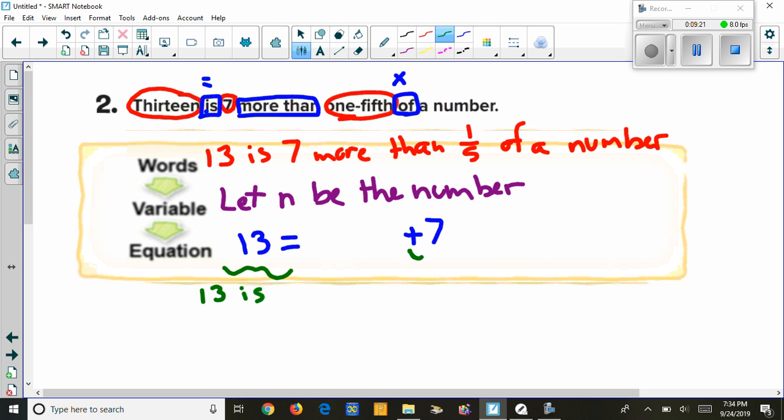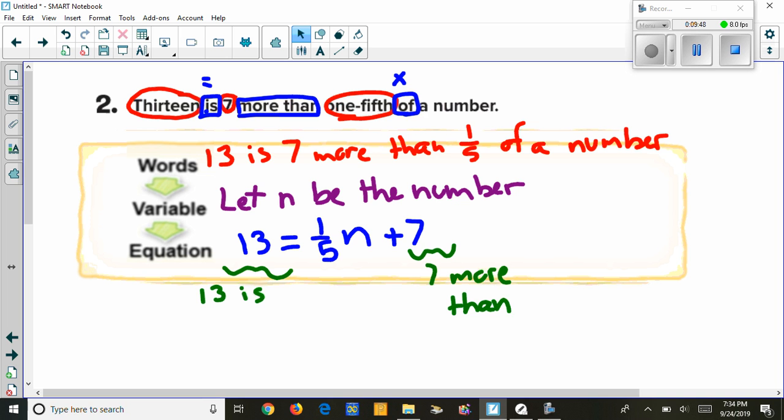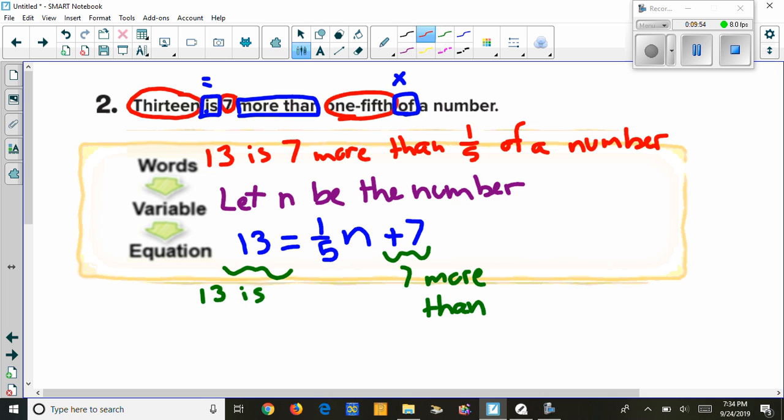So that's the 7 more than. And that blank, I'm going to fill in with whatever came after that statement. It says 1/5 of a number. So that means 1/5 of is multiplying, so I'm going to put that in. And I'll even slide this over so it's closer. But this is our equation. 13 is equal to 1/5 times n plus 7.